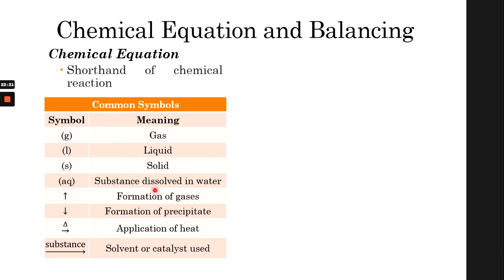Aqueous means that the substance is dissolved in water, or dissolved in some type of liquid. If you see an upward arrow, it means there's a formation of gas that is being released. You did not see this in the double replacement reaction because the NH3 gas was not released.